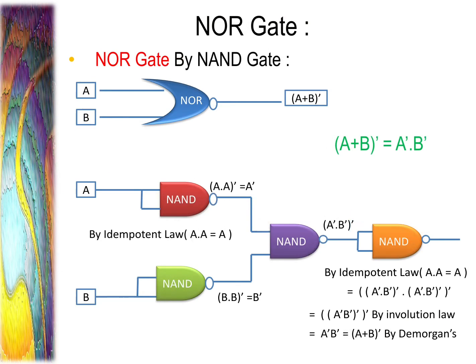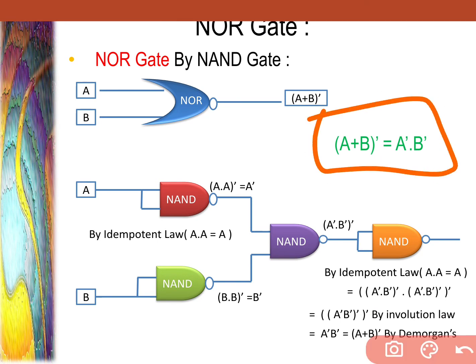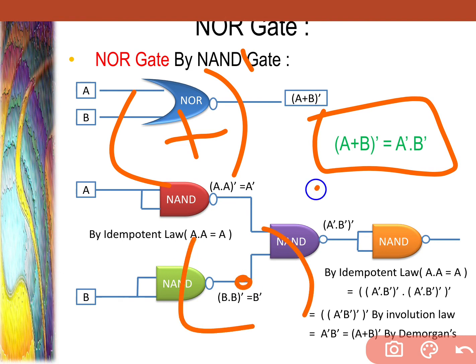Now I am going to create NOR by NAND. Same funda again you have to apply. The same trick, De Morgan's law. Again we have to produce plus dash from dot dash.